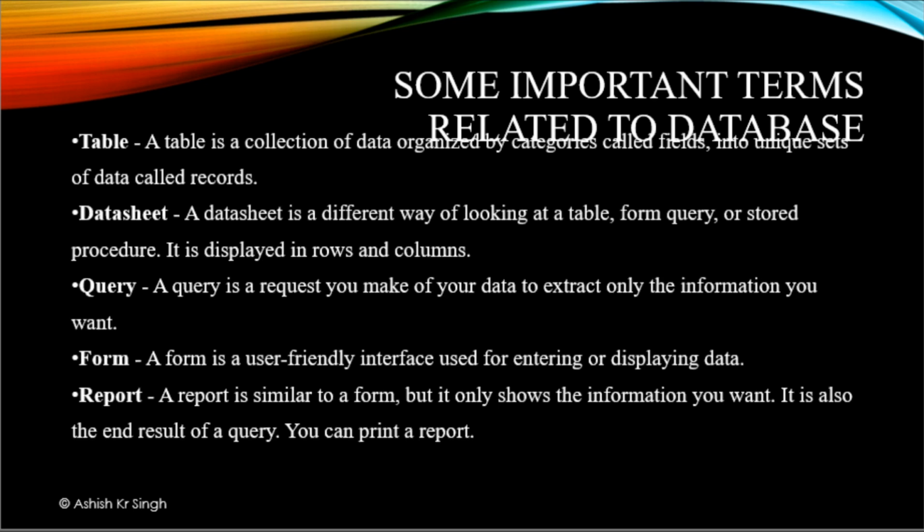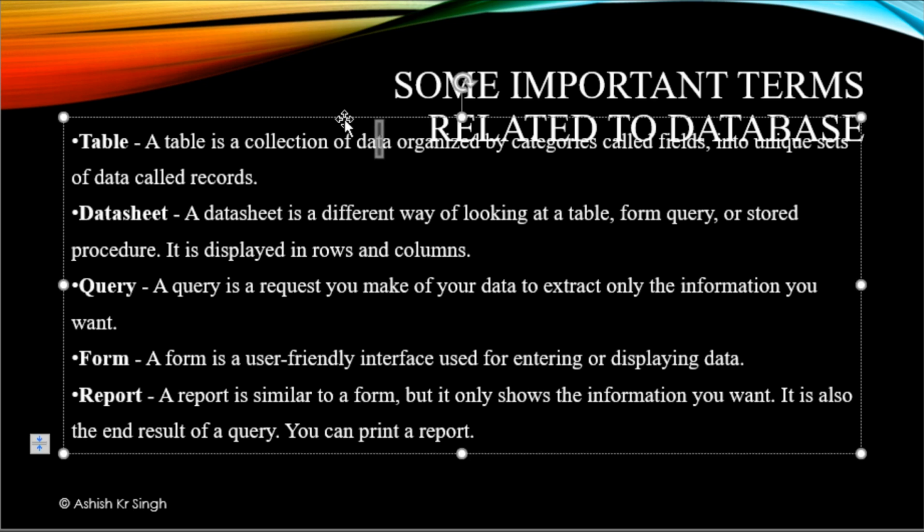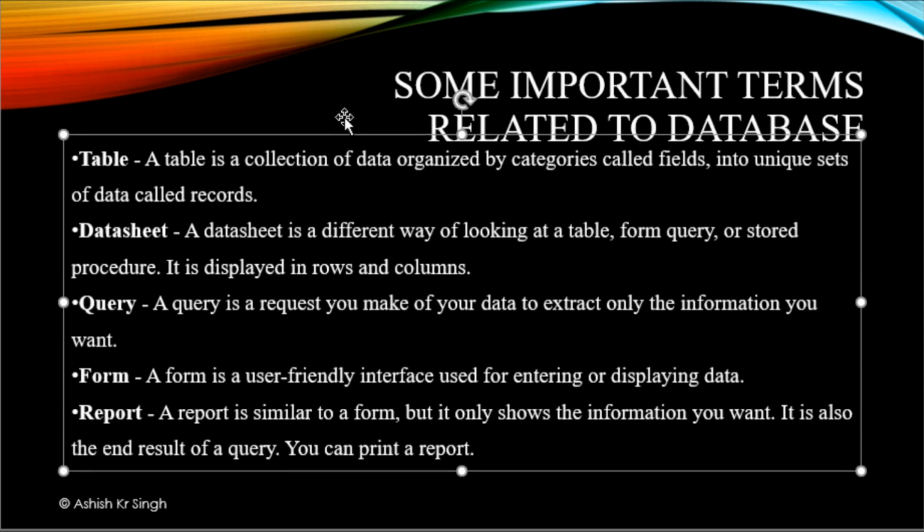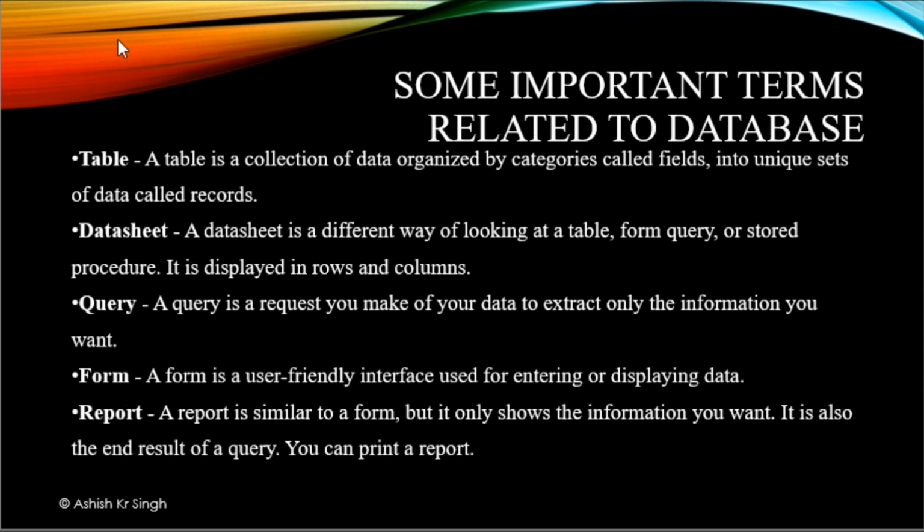A table is a collection of data organized by categories called fields. Datasheet is a view in which you can look at your table. It looks almost like an MS Excel sheet.